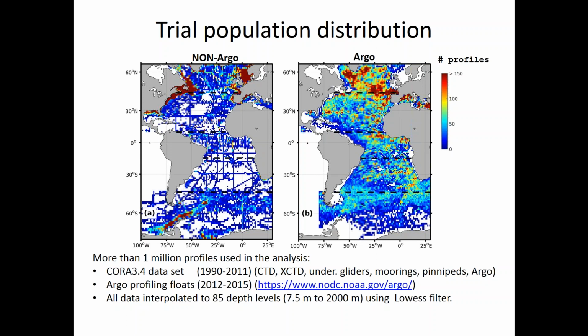We see that the non-Argo is mostly through different transects over time, and a lot of them along the boundaries where we have more sampling historically, and the Argo, of course, has larger coverage, with several regions above 300 profiles per degree squared. And all this data is interpolated at 85 depth levels from 7.5 meters to 2,000 meters.